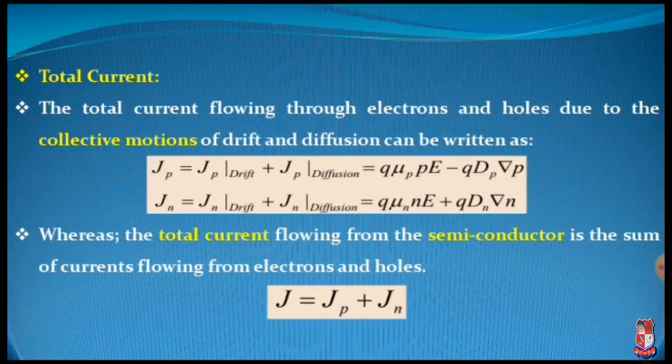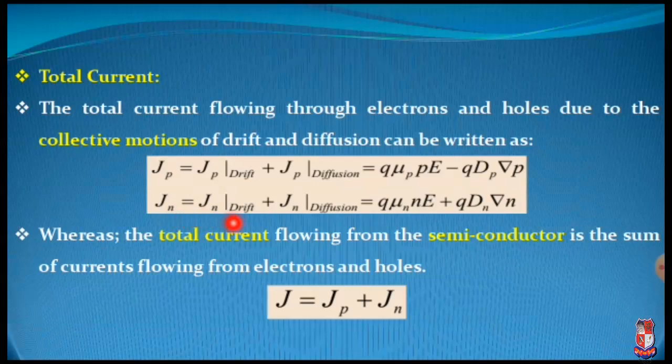According to this, the total current flowing through electrons and holes due to the collective motion of drift and diffusion can now be written as, for holes, Jp is equal to Jp drift plus Jp diffusion, which is equal to Q mu p E minus Q Dp into gradient p.